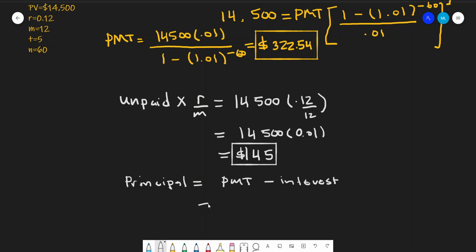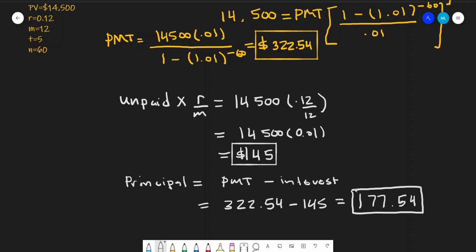So in this case, it would be 322.54 minus 145, and that's going to tell us how much this is going to be, which you get 177.54. Okay, so this is the amount that would be applied towards the principal.